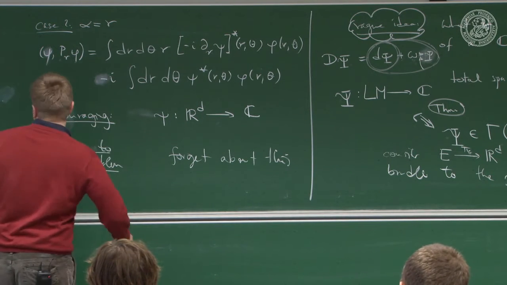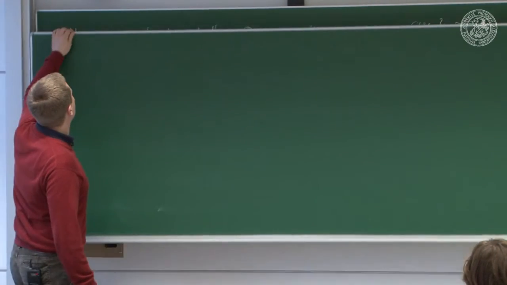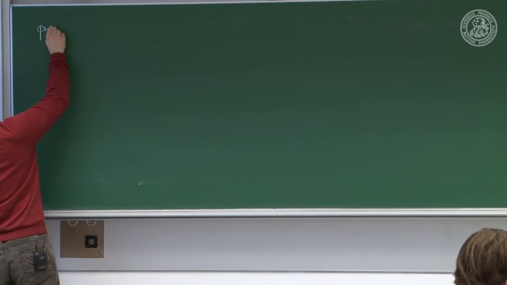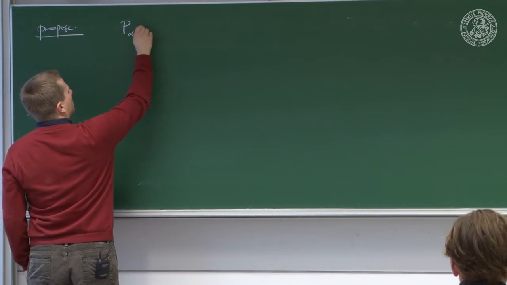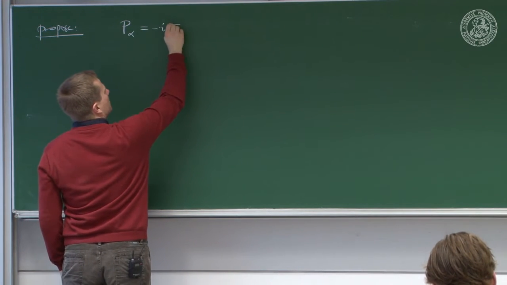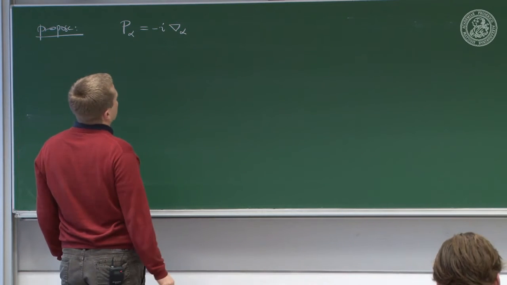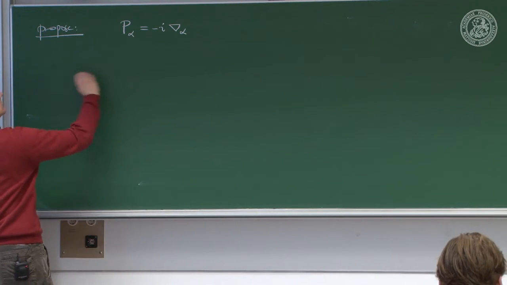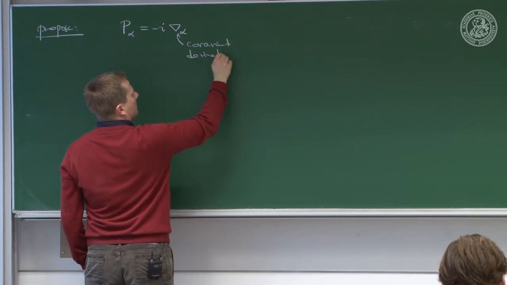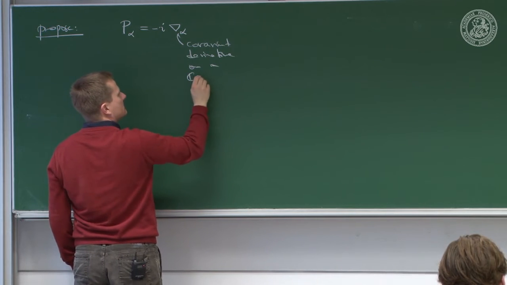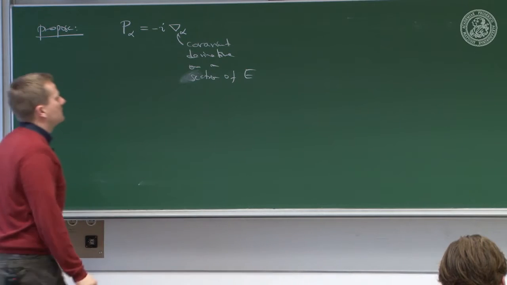So let's use this idea and let's rather simple-mindedly propose a different thing, namely propose that P_alpha be represented by minus i and something we could call a covariant derivative, nabla_alpha. And this is supposed to be a covariant derivative on a section of E, of this bundle.